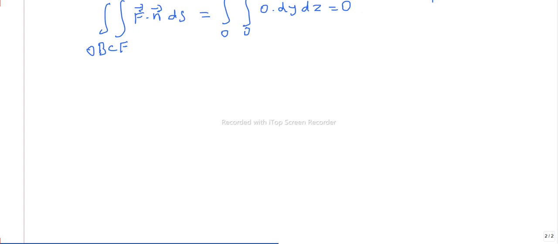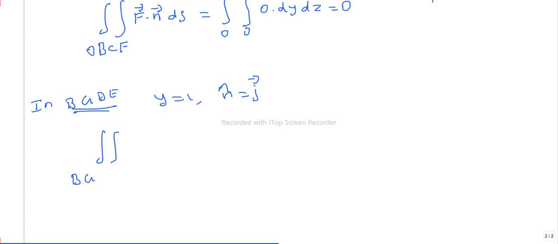So the next space, what is that? I can write B, G, D, E. In this case y is 1, and the direction n cap is the j vector. Now the double integral over this region of F dot n into dS: again x ranges from 0 to 1, z also ranges from 0 to 1.